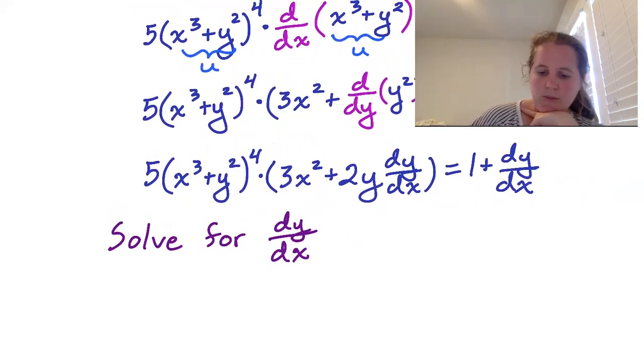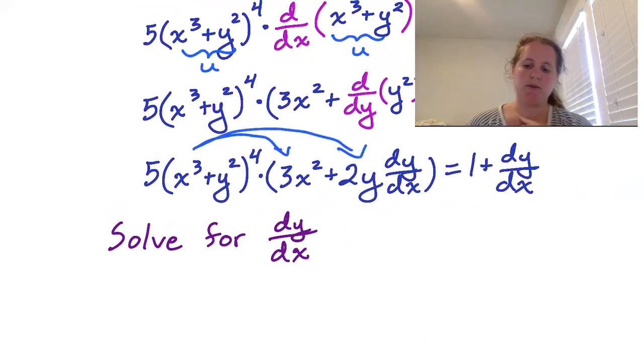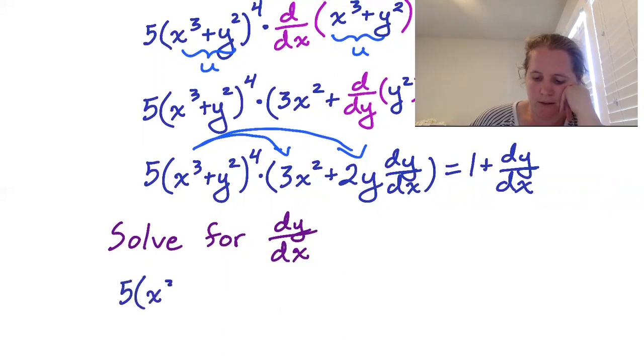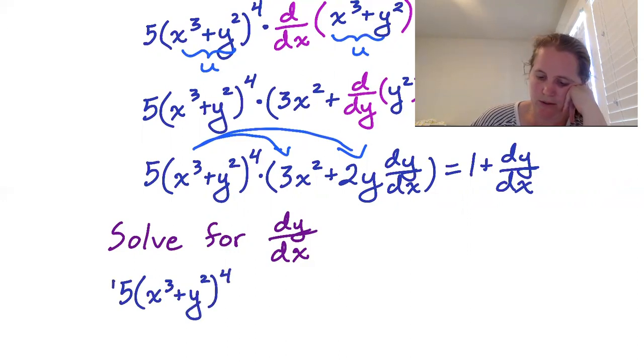If we multiply in our 5 times (x cubed plus y squared) to the 4th power, since we have a dy/dx inside that set of parentheses, 5 times (x cubed plus y squared) raised to the 4th power times 3x squared actually becomes 15 times that times x squared.